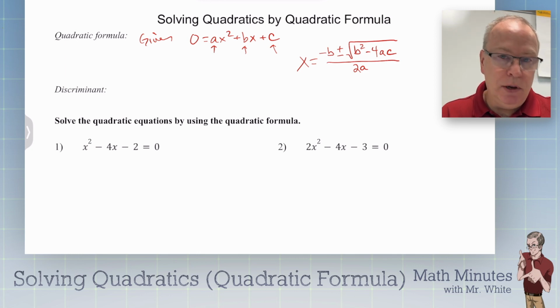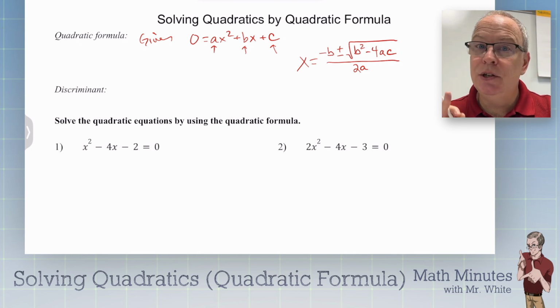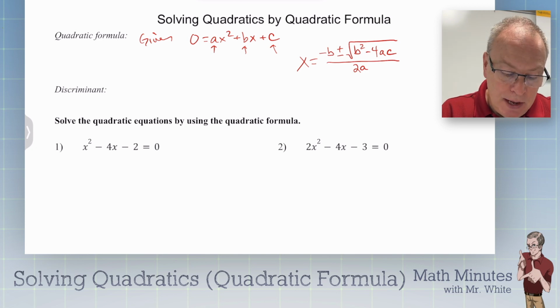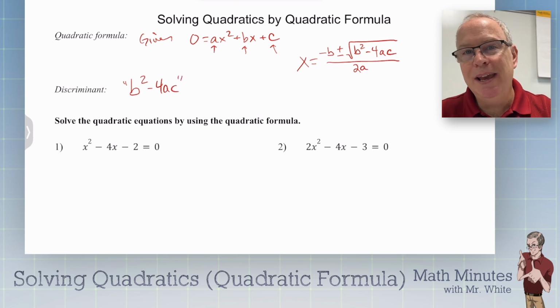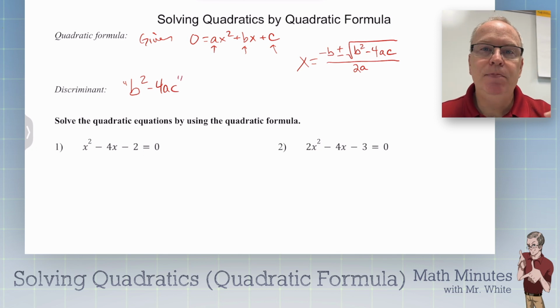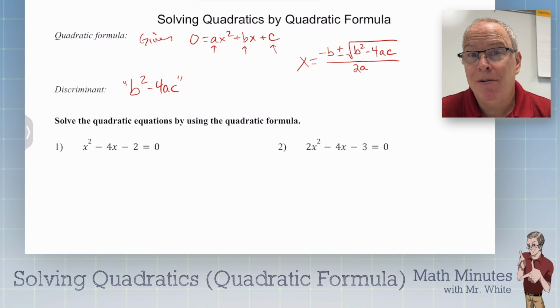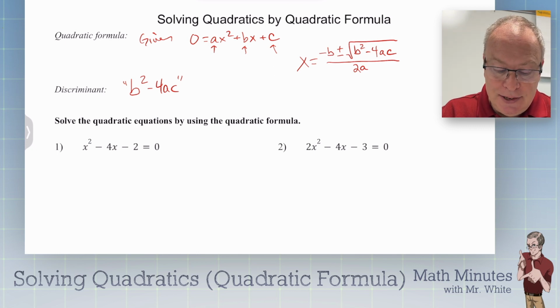There is another vocabulary word, and the vocabulary word is the discriminant. The discriminant is the b squared minus 4ac part. So why would they give that a name? It's because if the discriminant is negative, you get no real solutions. They're all complex or imaginary. So if this is less than 0, we get 2 complex solutions.